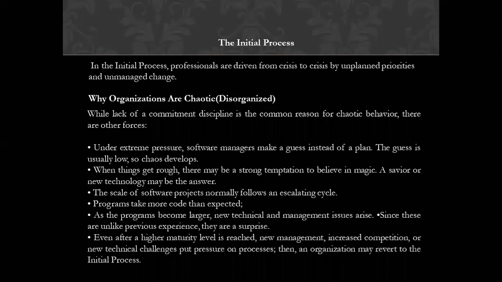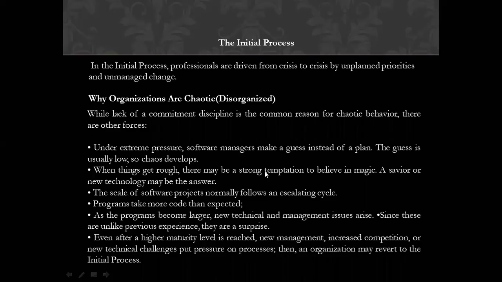So why does this disorganization happen? In this initial process, the major part you have to remember is that the things are not professional, very much unmanaged, very much unplanned. If an organization is working like that, it is called a level 1 organization. Level 1 organization, initial process. That means the organization is not properly managed.